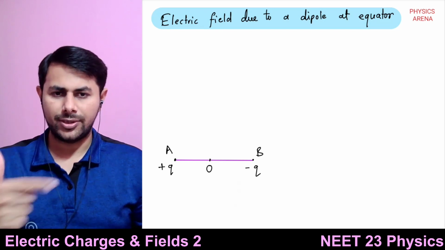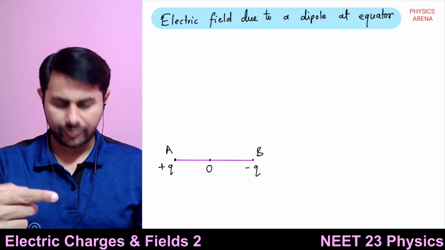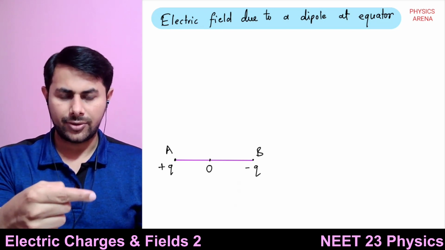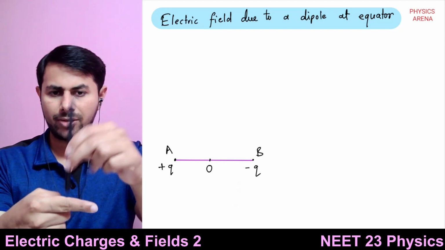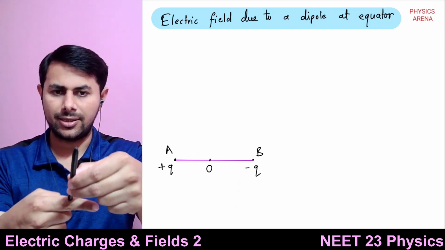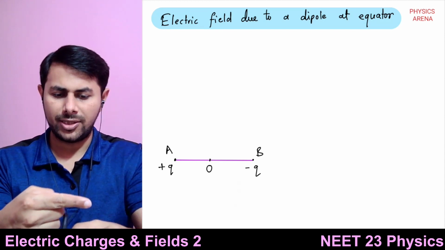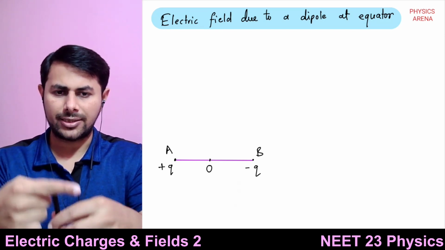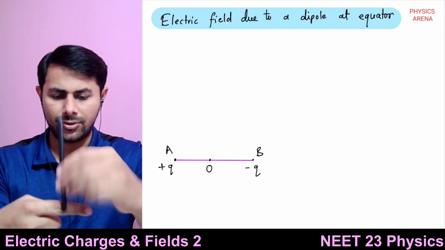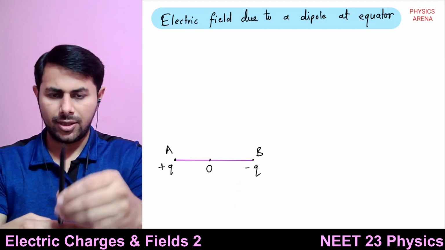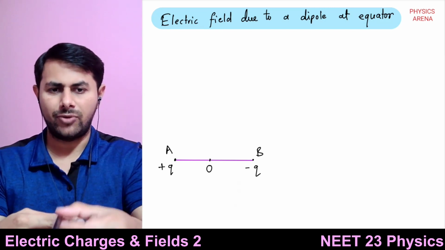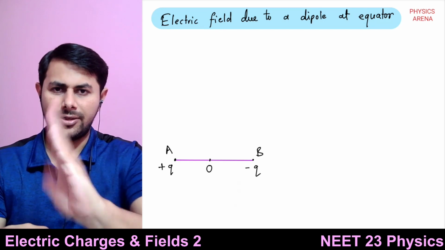Now there are multiple perpendicular bisectors that you can draw. Suppose this is the dipole. You can draw a perpendicular bisector like this, or like this, or like this. All of these are perpendicular bisectors, right? Now if you connect all these lines, what will you get? You will get this plane.